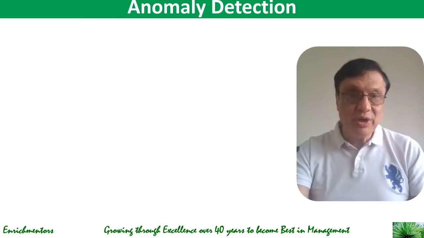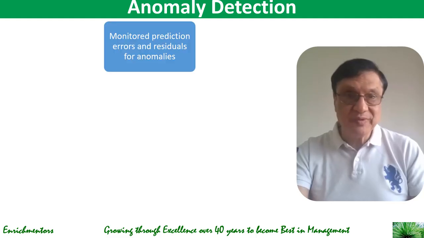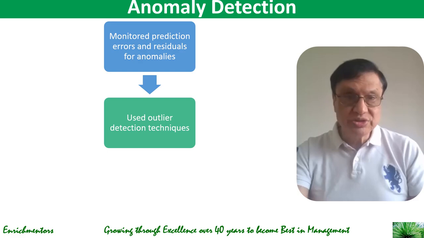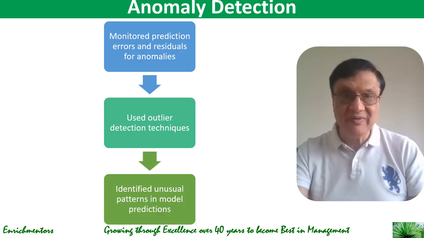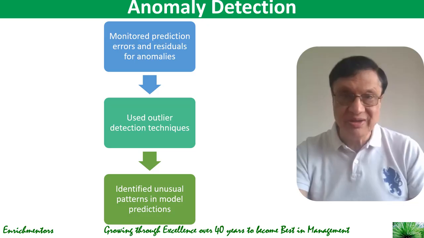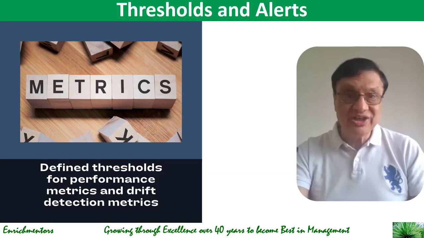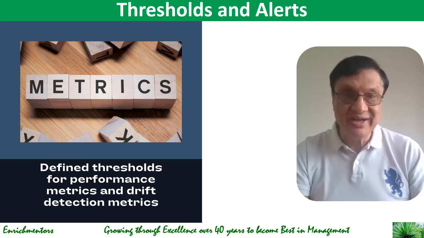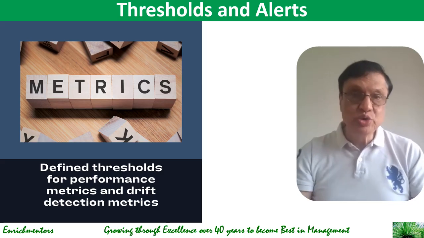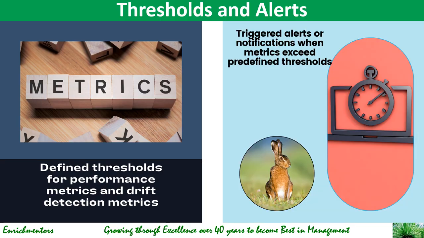Then they monitored prediction errors or residuals for anomalies, and used outlier detection techniques, which helped them identify unusual patterns in the model predictions. They had already defined thresholds for performance metrics and drift detection metrics, which they used to trigger alerts or notifications when the metrics exceeded predefined threshold levels.